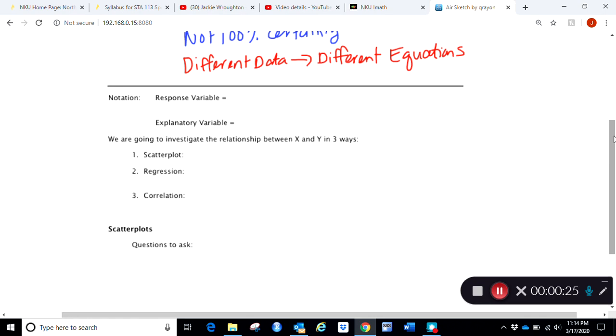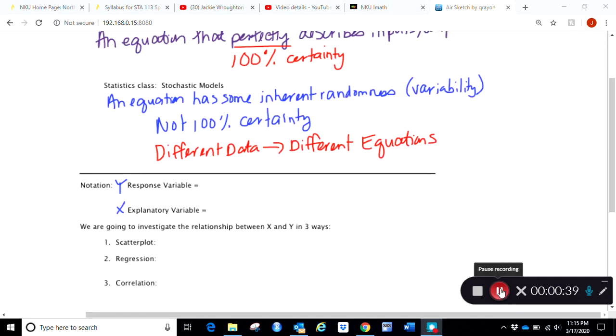We're going to have our response variable. That's going to be our y. And then we're going to have an explanatory variable, and that's going to be our x. But let's also more specifically define what I mean by a response variable and explanatory variable.